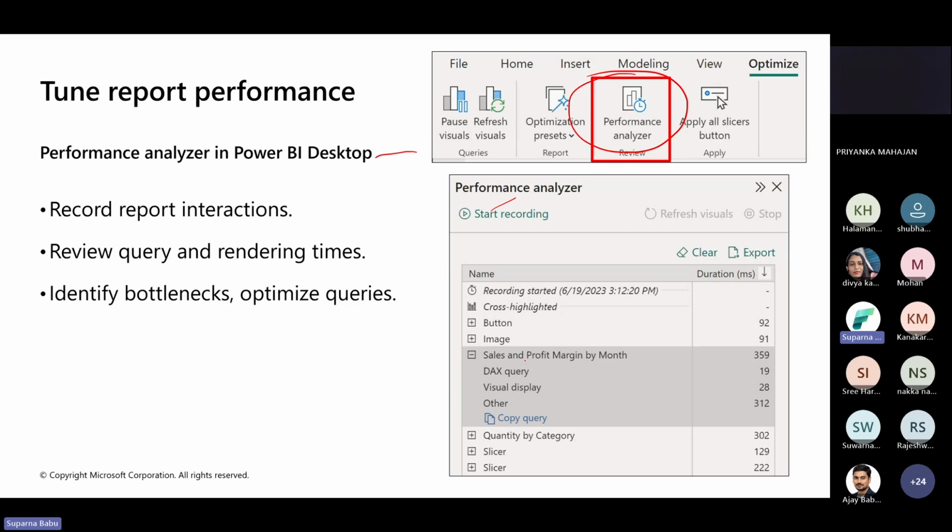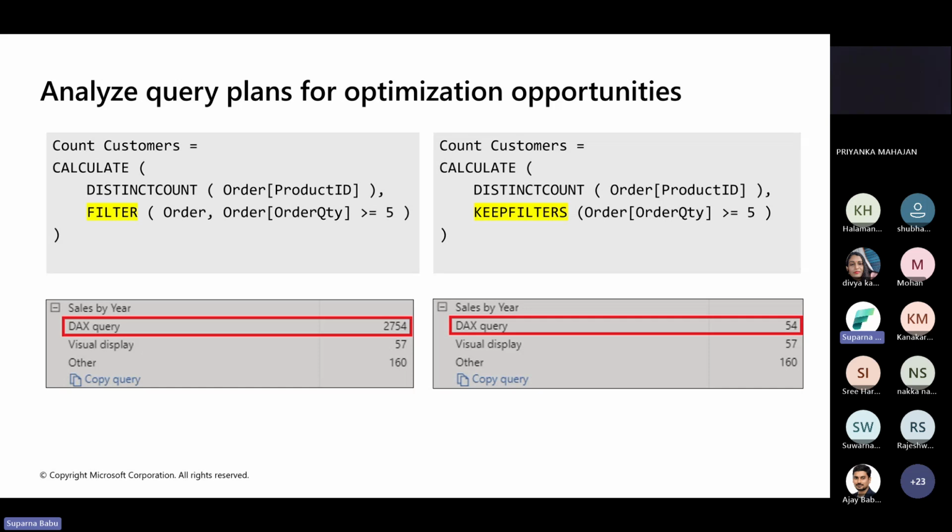Let's say there is a chart, sales and profit margin by month. For rendering, the DAX query took 19 ms, where ms means milliseconds. Visual display 28 milliseconds. For others, it depends upon your internet speed, your system RAM speed, and everything. With the help of Performance Analyzer, you can tune the performance of your semantic model and Power BI report.